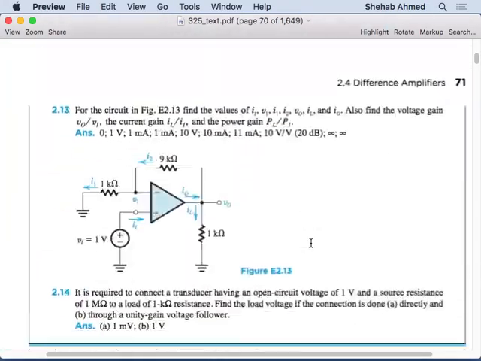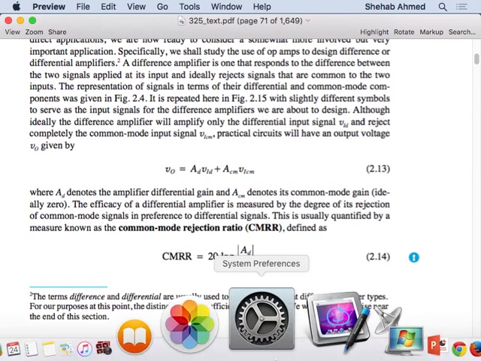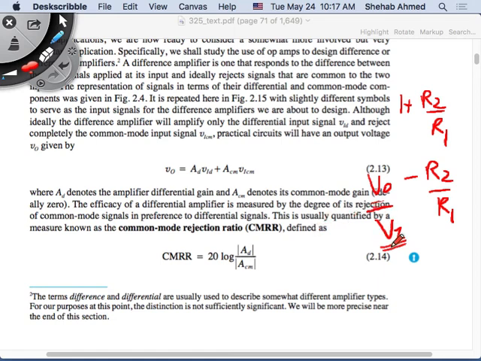So the gains for the two configurations that we have were what? The gain for the non-inverting was what? 1 plus R2 over R1. And the gain for the inverting was minus R2 over R1. This was V output over V input, right? What if V input contained some noise?